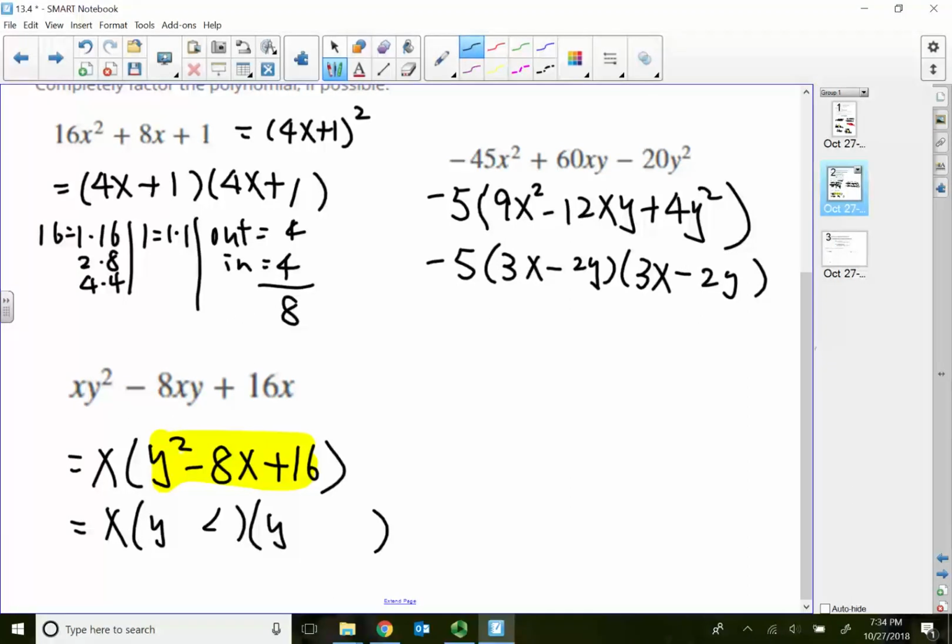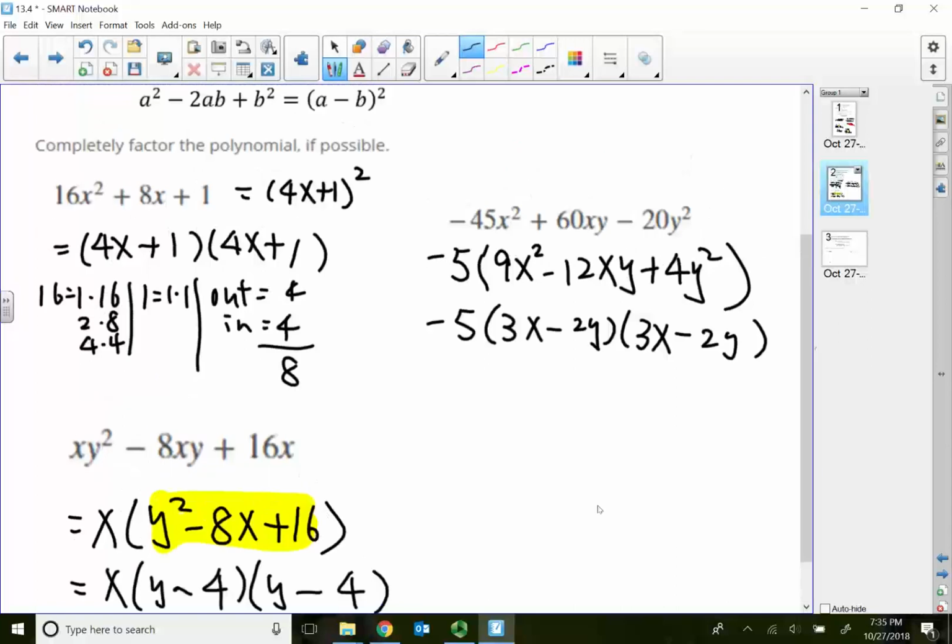For 16, I'm going to use 4 and 4. Outer is 4, inner is 4, combined will be 8 in the middle. It has to be negative for both, because that's negative 8. When the last sign is positive, the two signs inside the parentheses are the same.